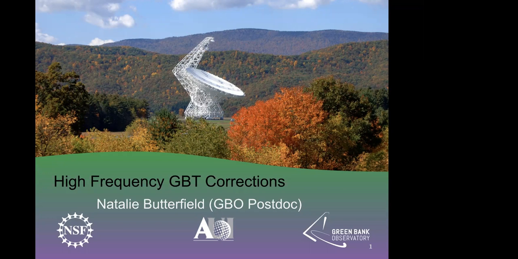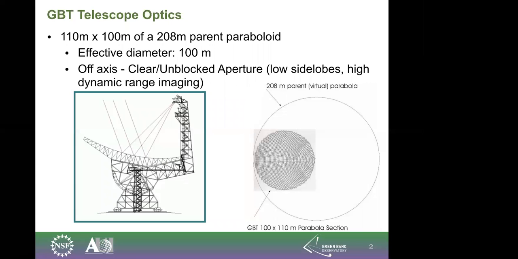All right, so today I'm going to discuss high frequency GBT corrections. Just to briefly go over some of the GBT telescope optics: the GBT has a 110 meter by 100 meter dish, which is part of a 208 meter parent parabola, and that is the figure shown here on the right.